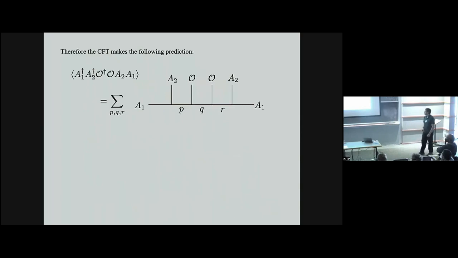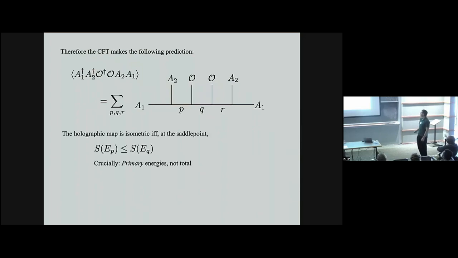Therefore, the CFT makes the following prediction. I'm going to try to stick it all on one slide. If we take the norm and expand in these conformal blocks, there's a saddle point that dominates this conformal block sum. The prediction is that the holographic map is isometric if and only if at the saddle point the bond dimensions are increasing as you go along the conformal block.